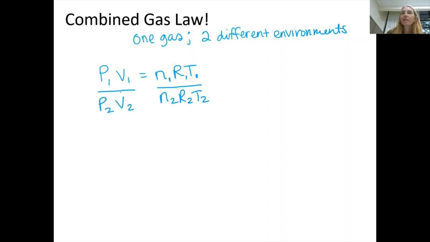So now I have this combined gas law where I'm talking about one gas, let's say helium, and I'm going to describe it under two different environments. To simplify this, I need to cancel out what stays the same.